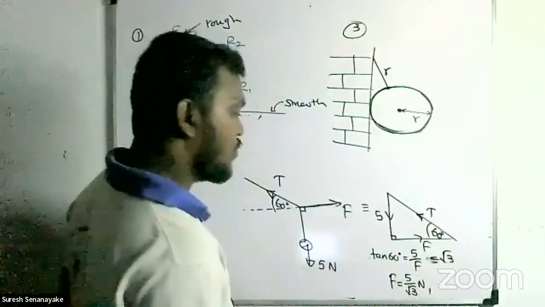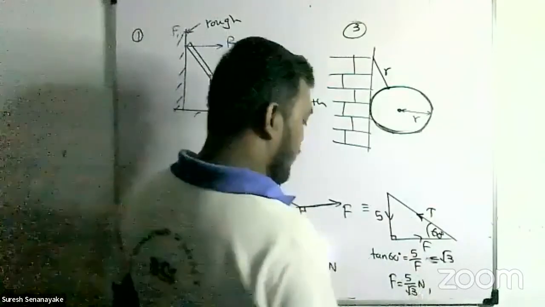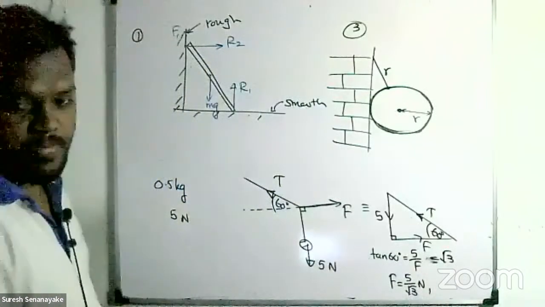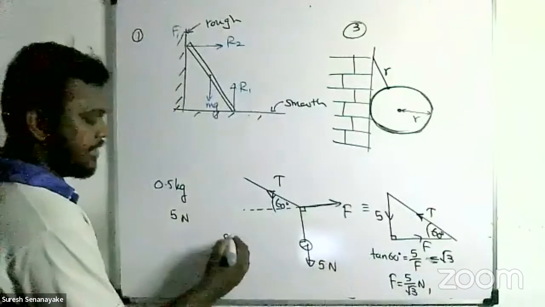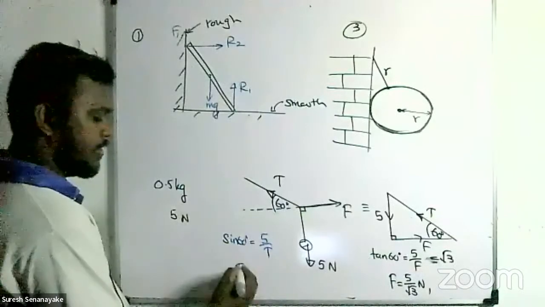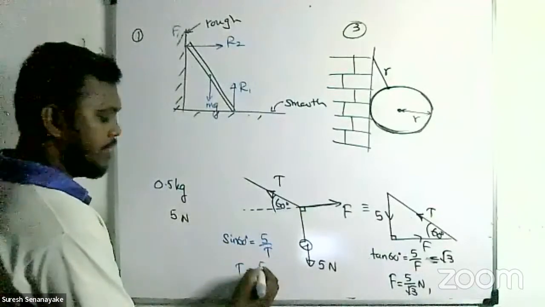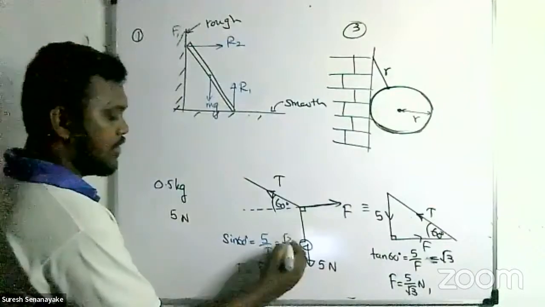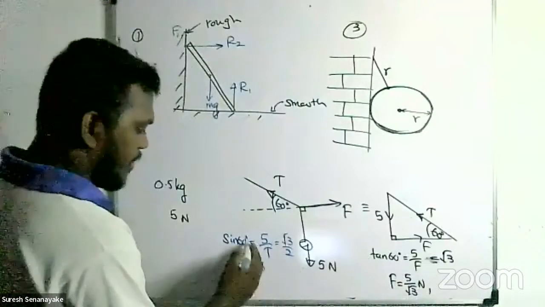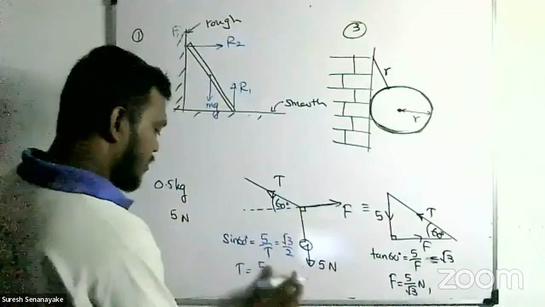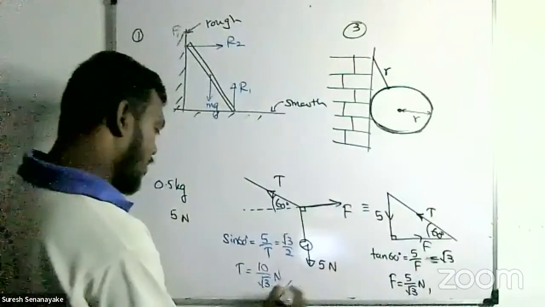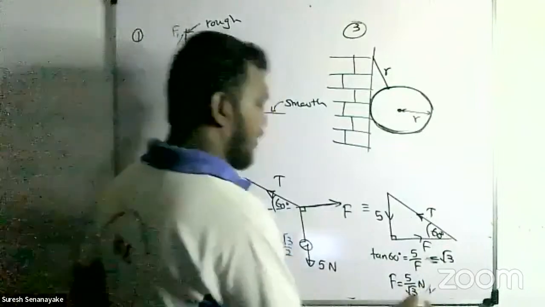If you want to find the tension, sine 60 is 5 over T. The tension equals 5 divided by sine 60. Sine 60 is root 3 over 2, so it is 5 multiplied by 2 divided by root 3, so 10 over root 3. That's the tension. This is the force applied.